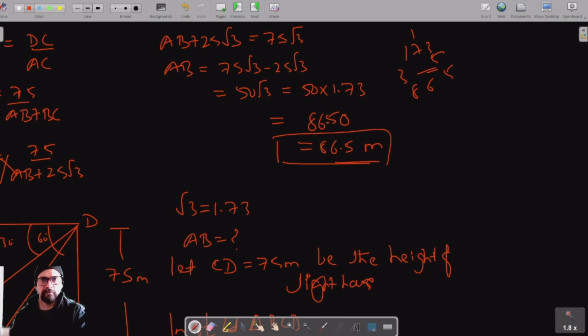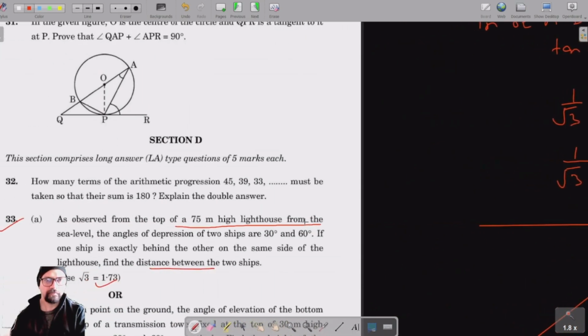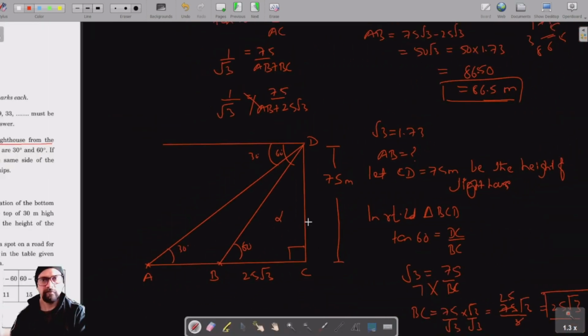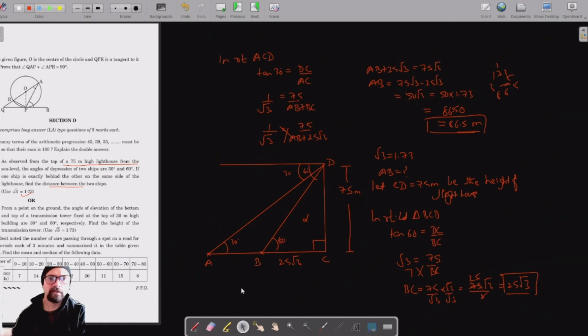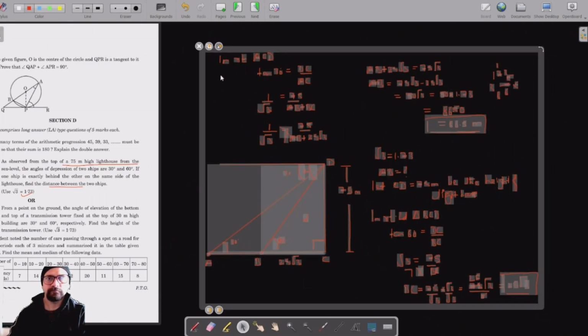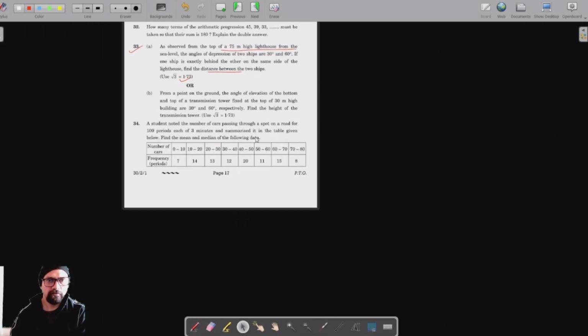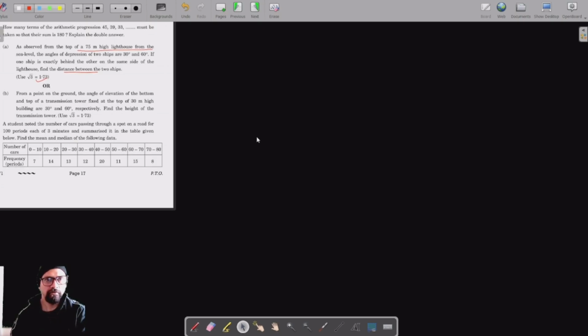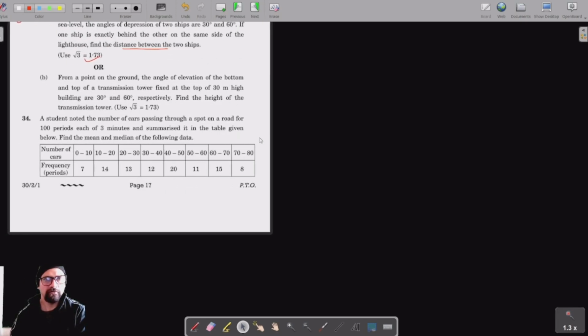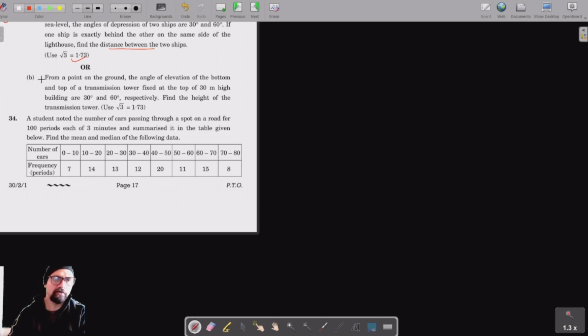So for the second part, let's get some space on the board. Okay, now for the second part, it's given that from a point on the ground, the angle of elevation of the bottom and top of a transmission tower fixed at the top of a 30-meter high building.